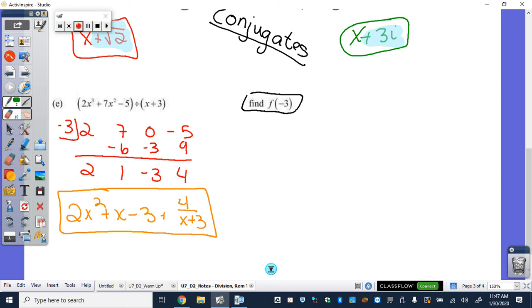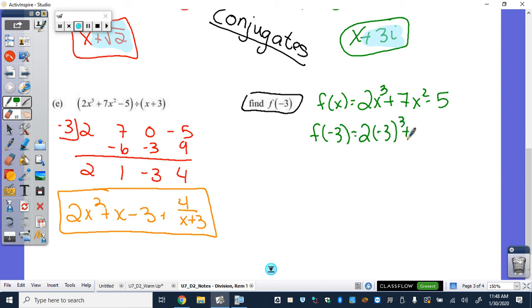Okay. So let's say f of x is the polynomial 2x cubed plus 7x squared minus 5, our dividend from letter E there. Let's say that's our f of x. Go ahead, plug in a negative 3 for our x's and let's see what happens.